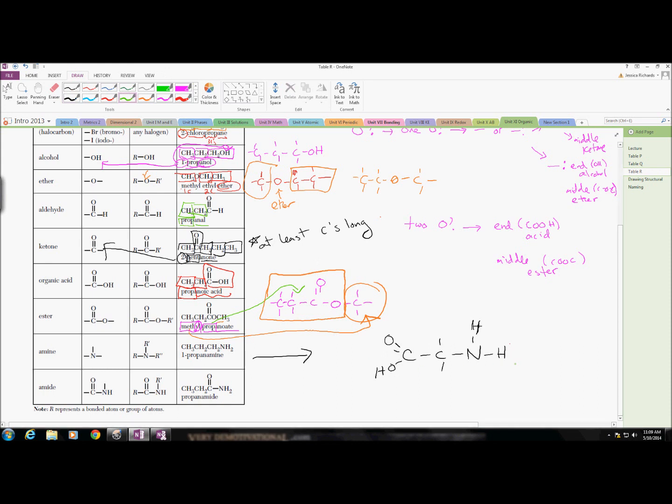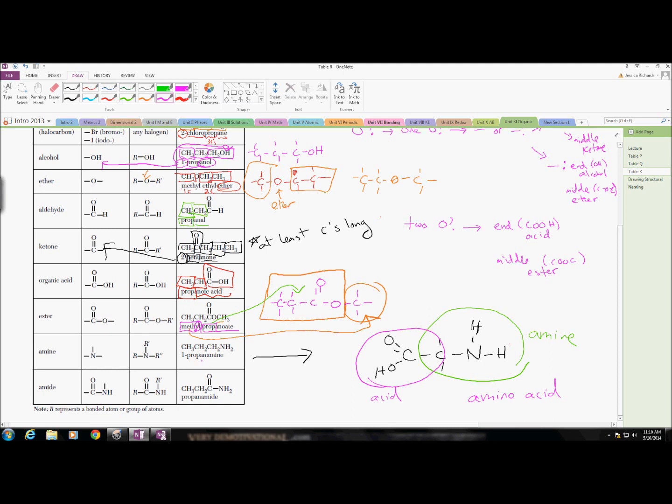This part with the nitrogen is an amine group, and this section over here with the 2 oxygens is a COOH. That's an organic acid group. So this guy is actually an amino acid, and that will occasionally show up on the final.